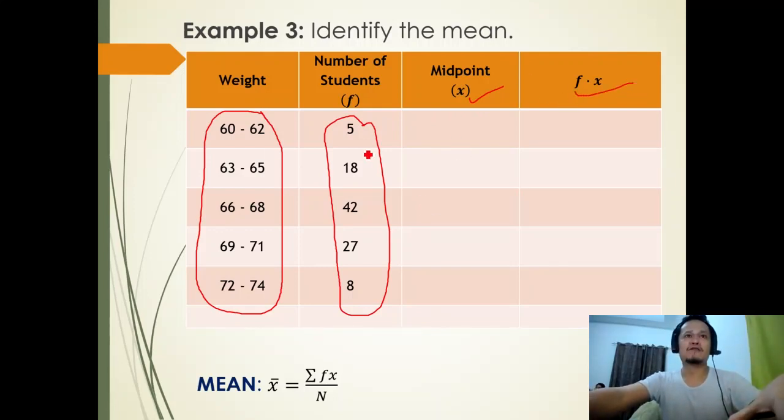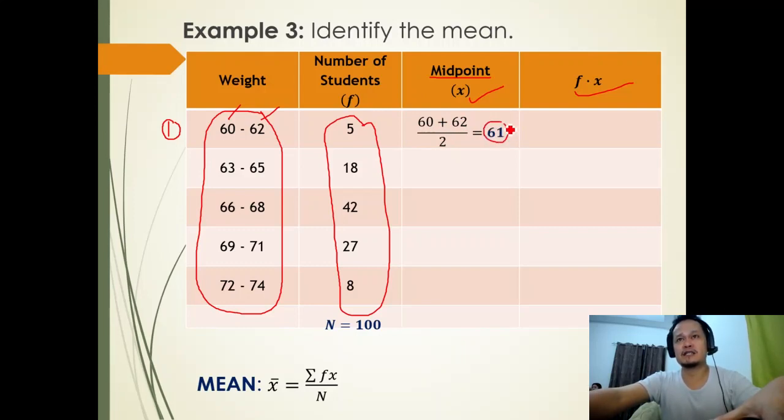Now, for the first class interval, 60 to 62, to get x, by the definition of the midpoint, this is just the middle value between the lower class limit, which is 60, and the upper class limit, which is 62. So that would be 60 plus 62 divided by 2, that would be 61.